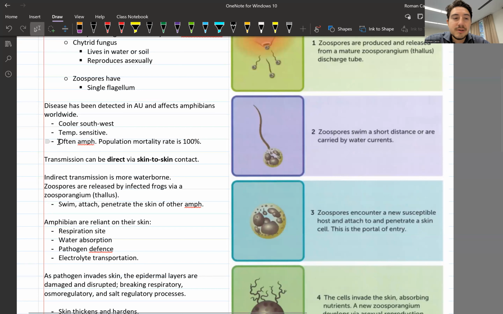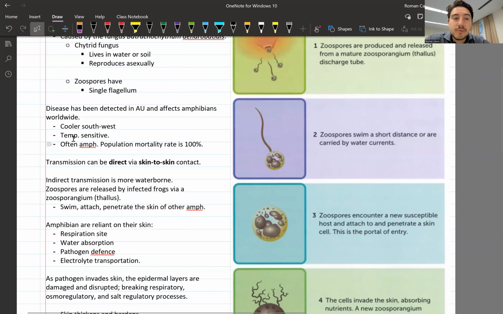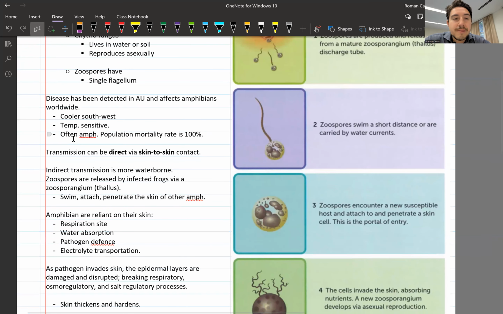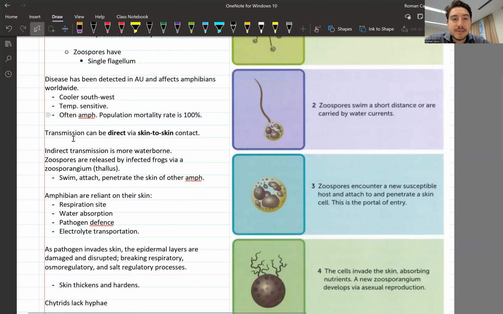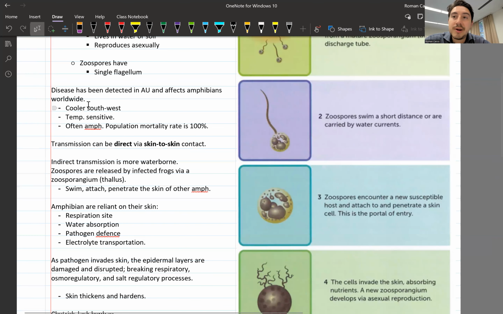And the population will decline, right? At the same time, it is temperature sensitive. It's grown more in cooler regions, right? Southwest Australia, but still it's being shown to spread throughout the world, right?